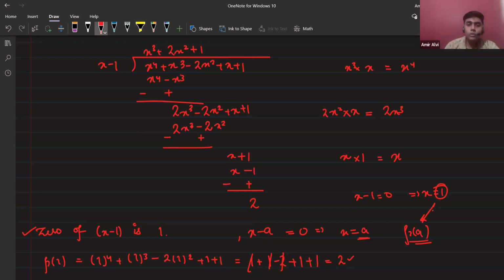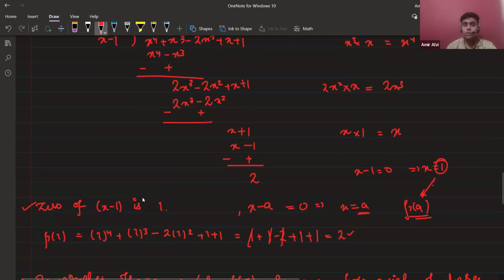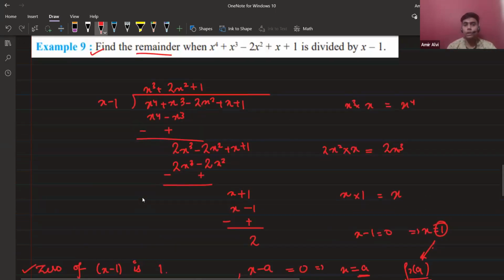If it's in your syllabus, it will be a 5-marker question. I'm sure about it. If it says divide the polynomial by this, it will definitely be a 5-marker. I knew the pattern CBSE follows. Is that clear? Yes, sir.